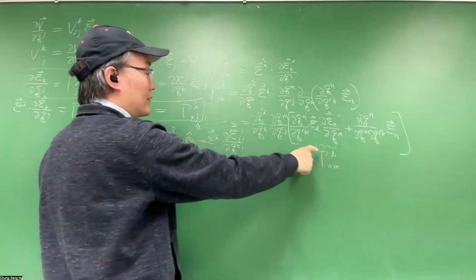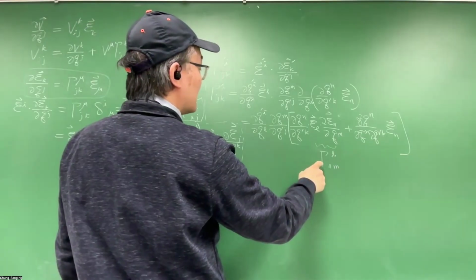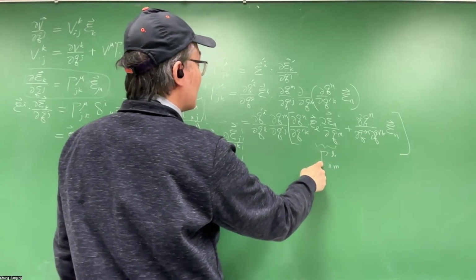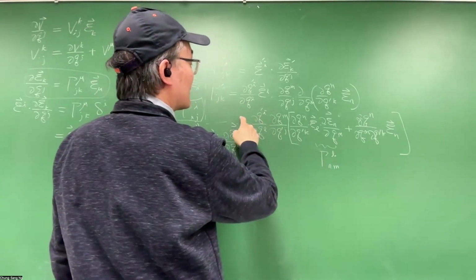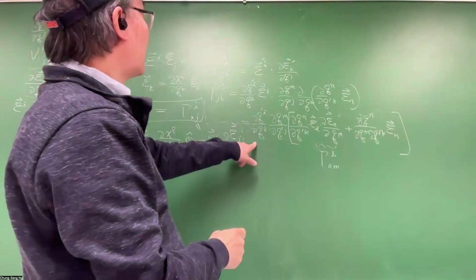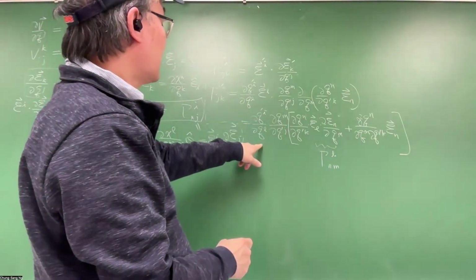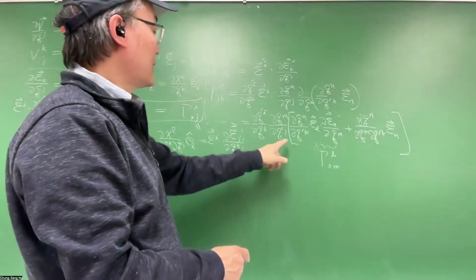That's the contravariant index. You transform like this one. Did I get all the indices correct?